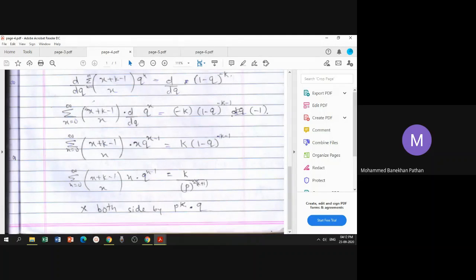This minus is not there. Be careful, because when I put it in the denominator, power becomes positive; if I take it in the numerator, power becomes negative. So this minus is not there.